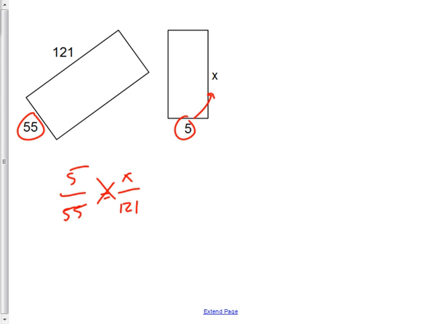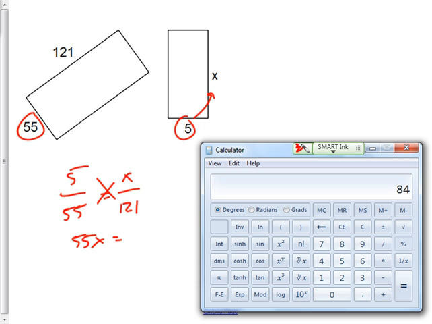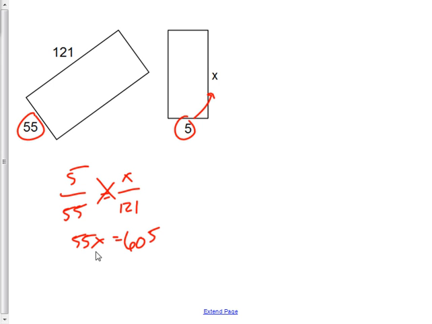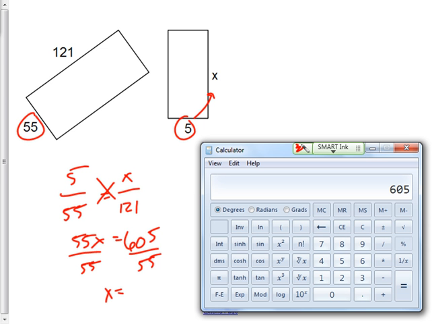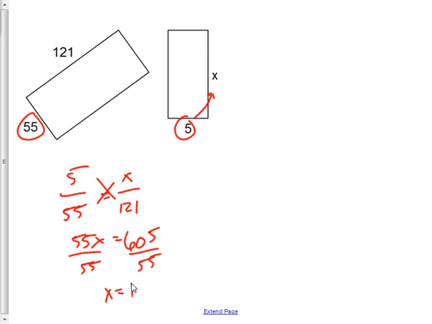Now we can cross multiply to get 55x is equal to, now we have to do 5 times 121, which is 605, divide by the coefficient, and we'll have x is equal to 11 units.